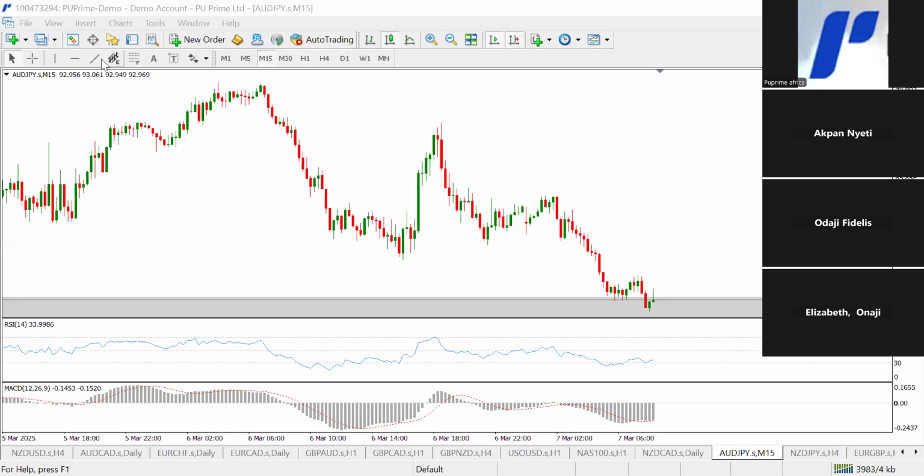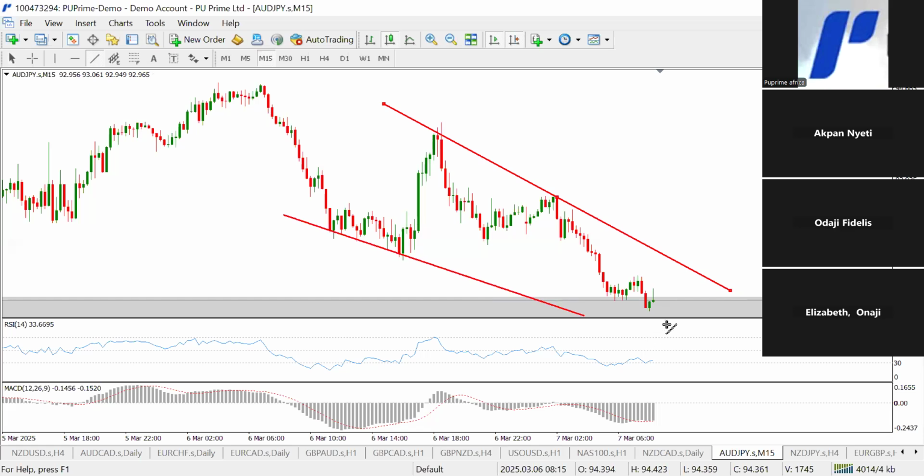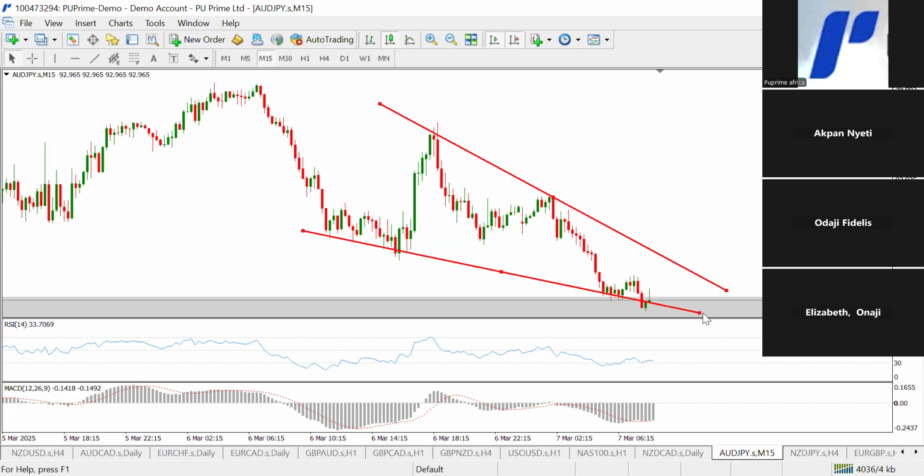All right, so on this 15 minutes, we can catch some move here. So we can wait for a reversal from this point.